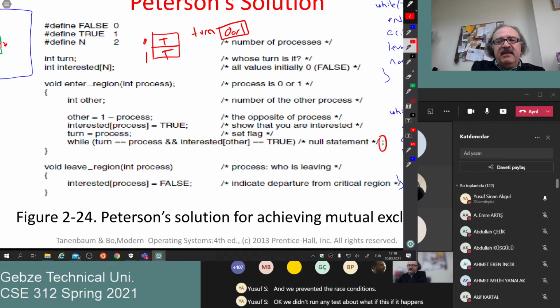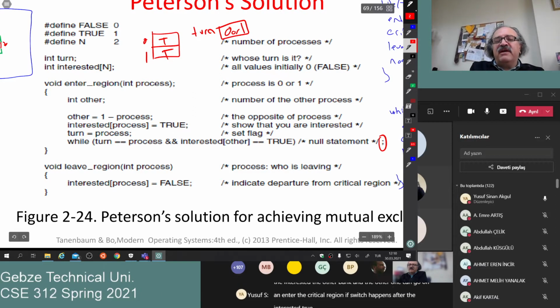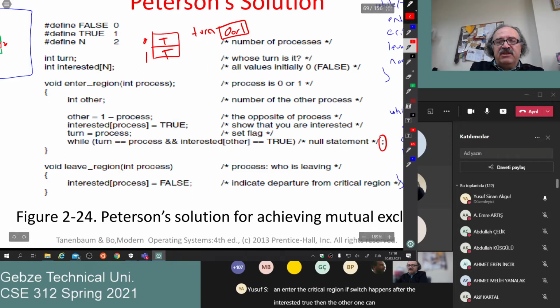Doesn't matter. If the switch happens before interested is set, the other one can go on and enter the critical region. If the switch happens after interested is true, then the other one can set process true and turn to process, but it will be blocked at this loop because my interested is true and the turn is the process.